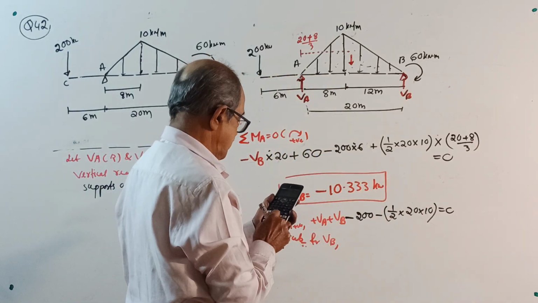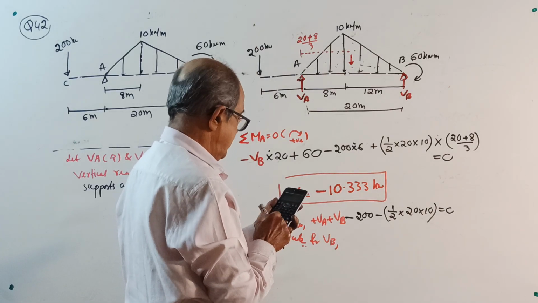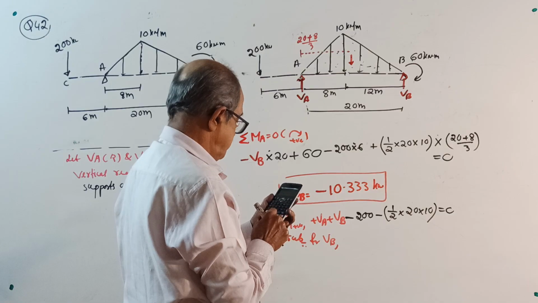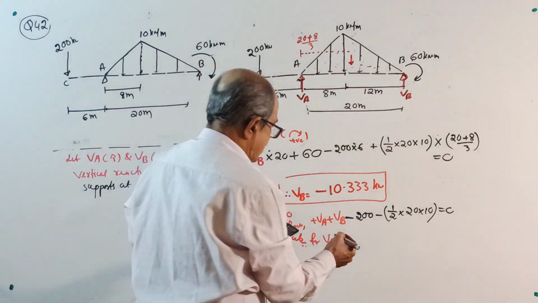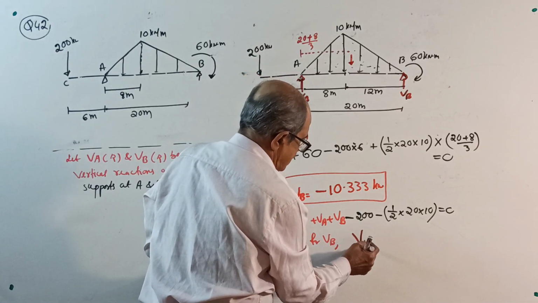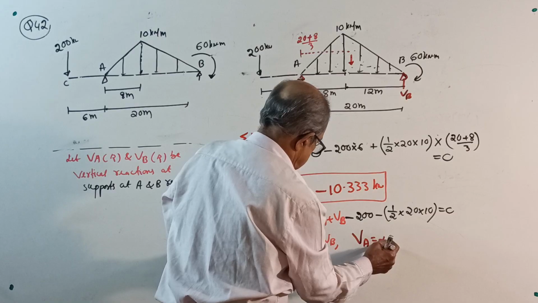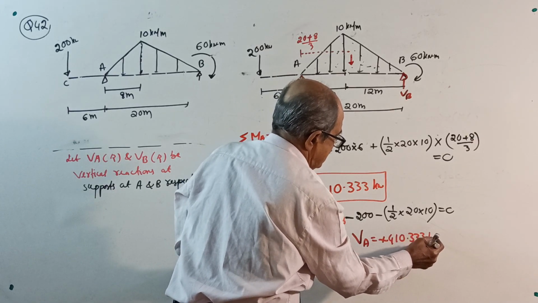Remember, 200 plus half into 20 into 10 plus 10.333, your VA will come plus 410.333 kilonewton.